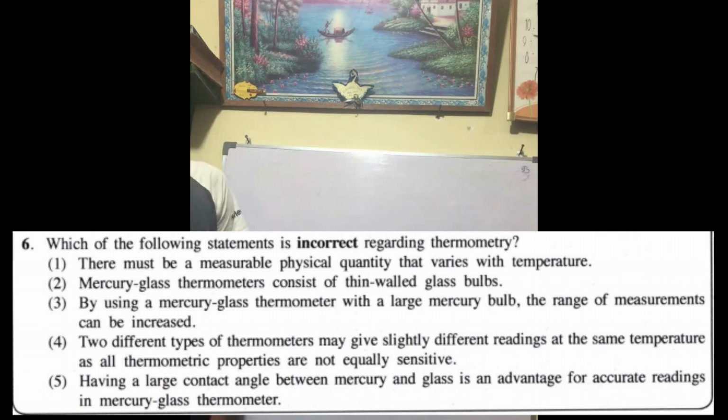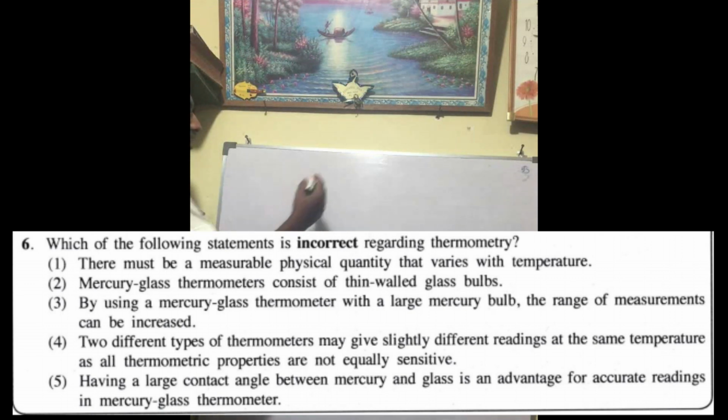Which of the following statements is incorrect regarding thermometry, right? The first one is, there must be a measurable physical quantity that varies with the temperature. That is correct because the temperature could be measured only if you have a physical quantity that varies according to the temperature. The next one is, mercury glass thermometers consist of thin walled glass bulbs.